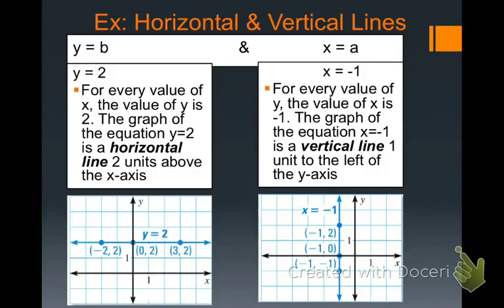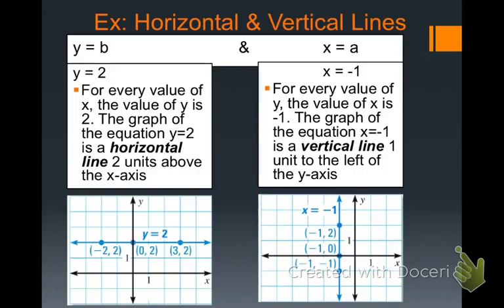A horizontal line is always going to pass somewhere through the y-axis, so that's why it's always going to have a point (0, b) wherever the constant is that it goes through. And then same thing with the vertical line, (a, 0) tells us where the vertical line crosses the x-axis.